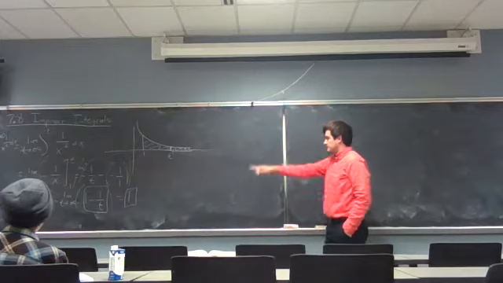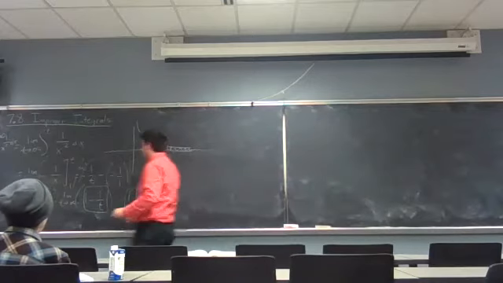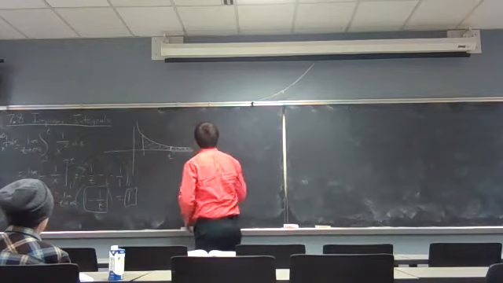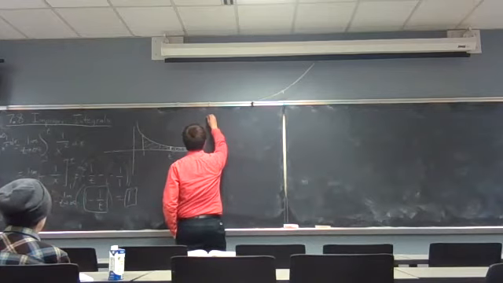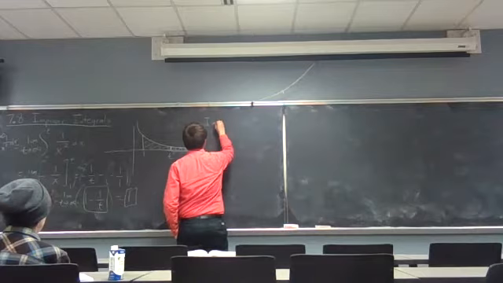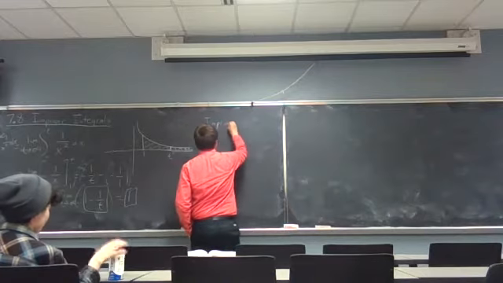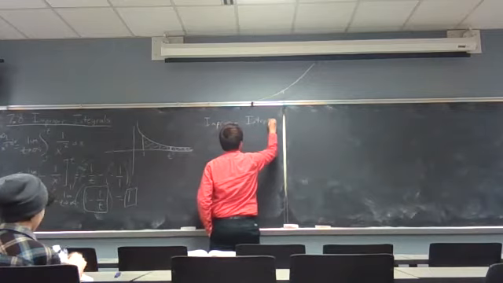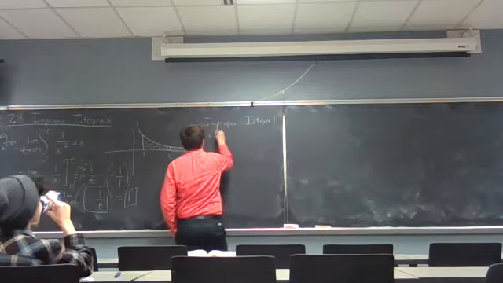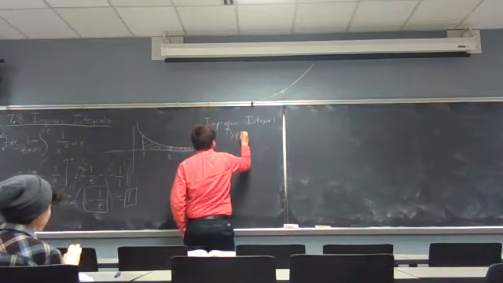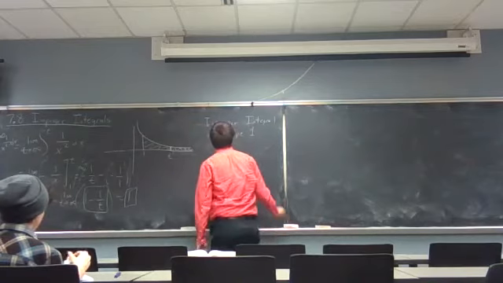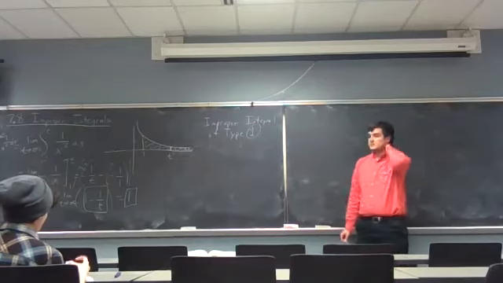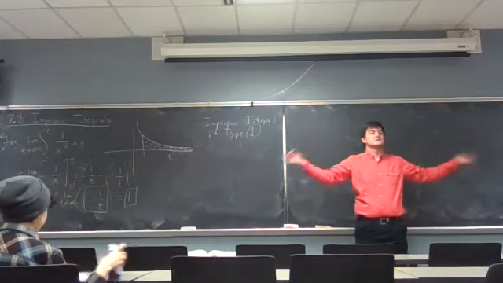Now, this work that we've just been doing here with infinity is what's called an improper integral. This has to do with all the ones that go towards infinity in some way, shape, or form.